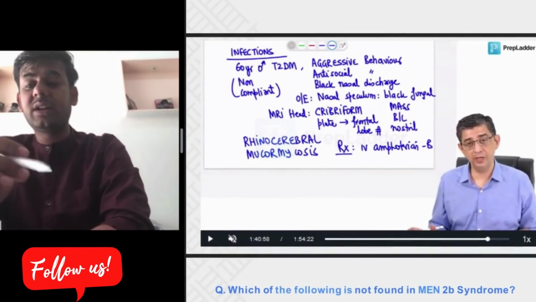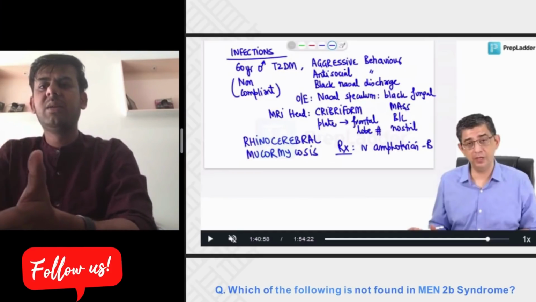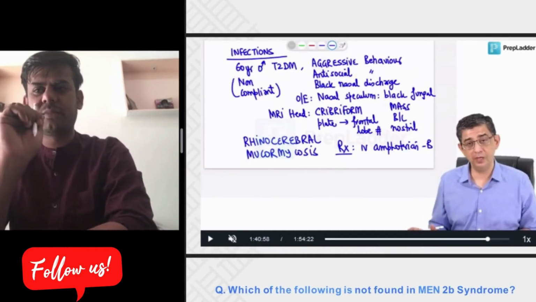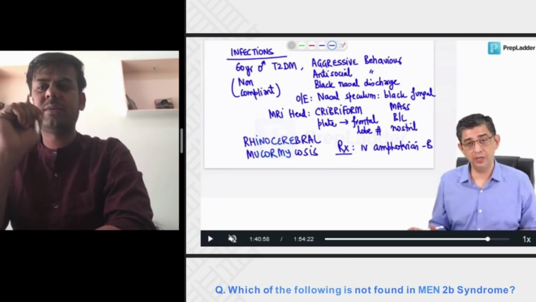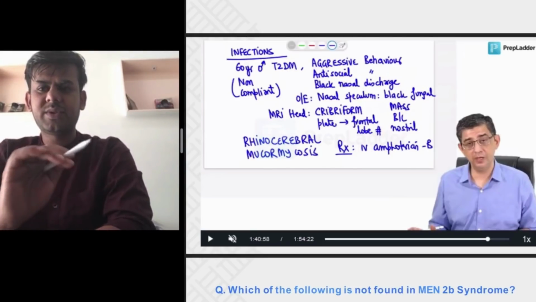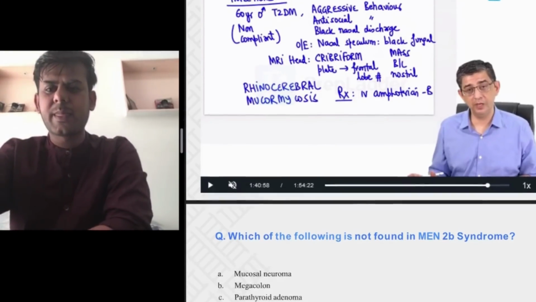Another feature of this infection is that it is aggressive, presents with black nasal discharge, and facial complaints like loosening of teeth, hemifacial spasm, or pain over the face are present in this condition. And the treatment is amphotericin B.